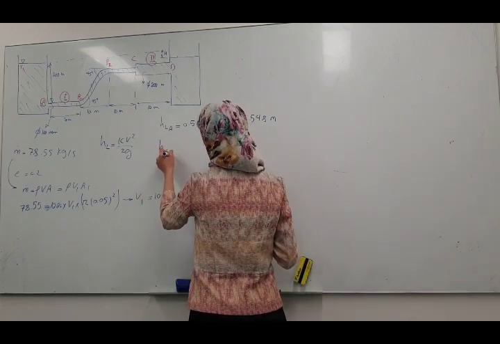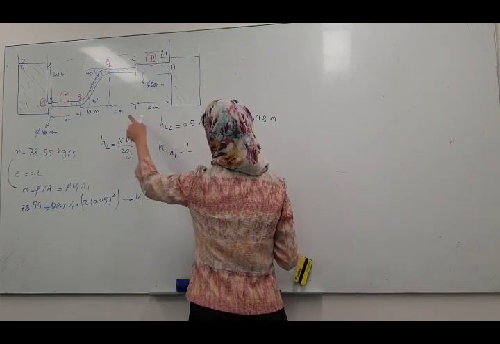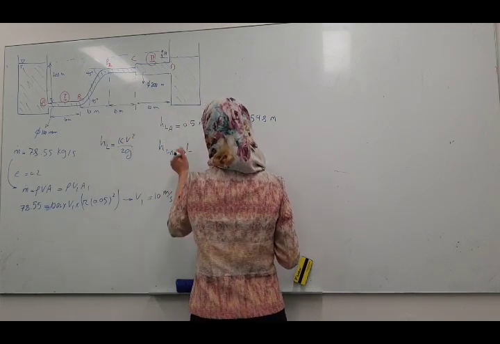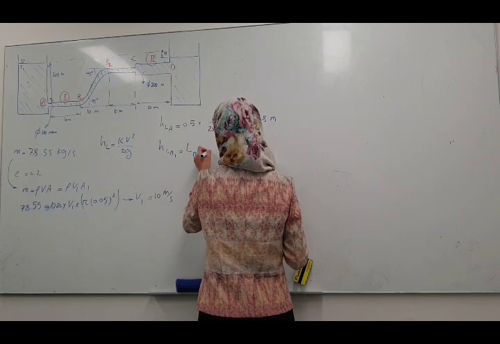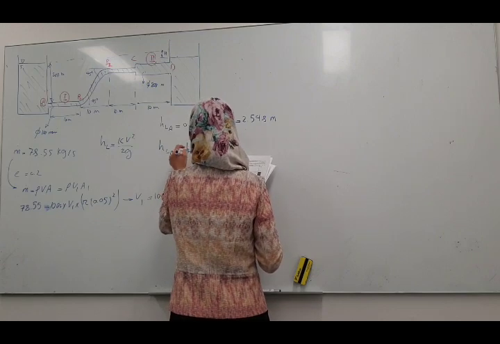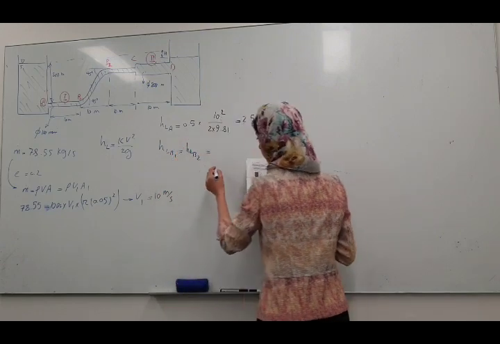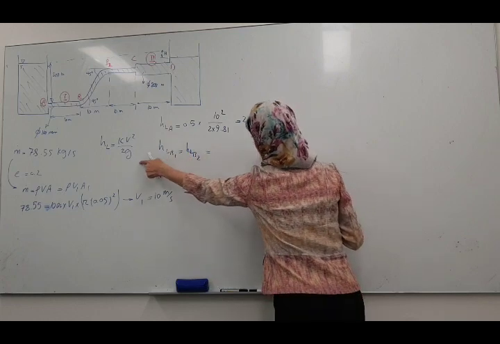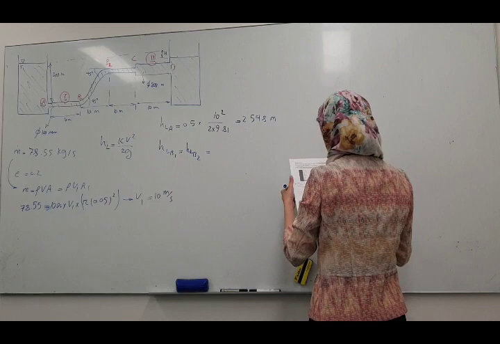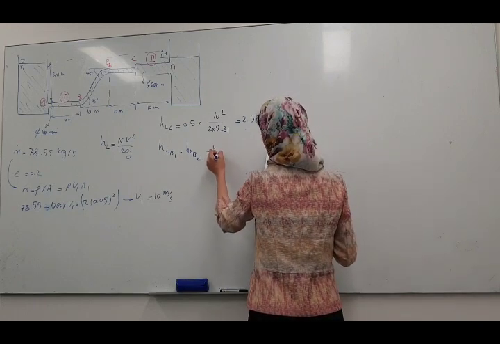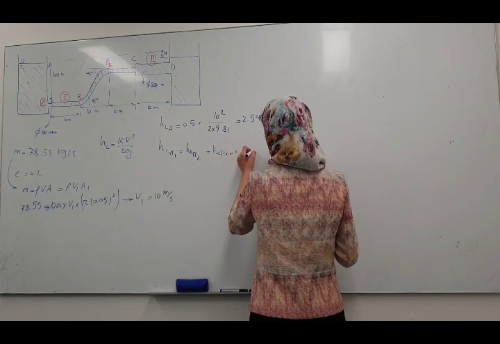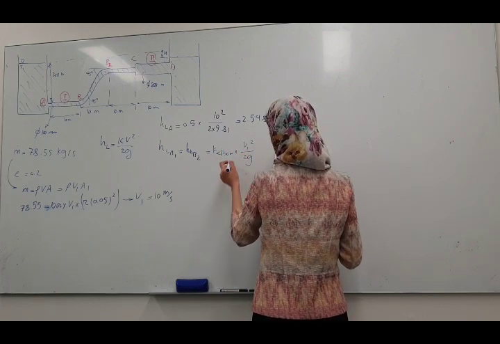For the second one, which is related to the elbow, we have a 45-degree elbow. Both have the same amount of head loss. Again, it's the same formulation, but the K factor will be different. We need to find the K factor, which we call K elbow, times V1 squared divided by 2g.